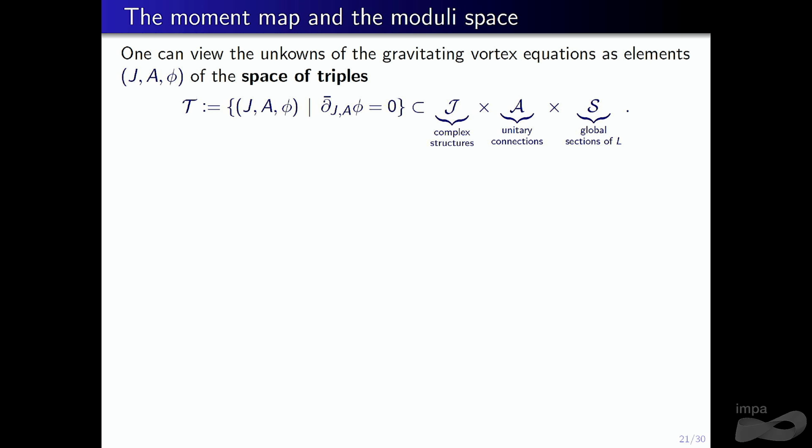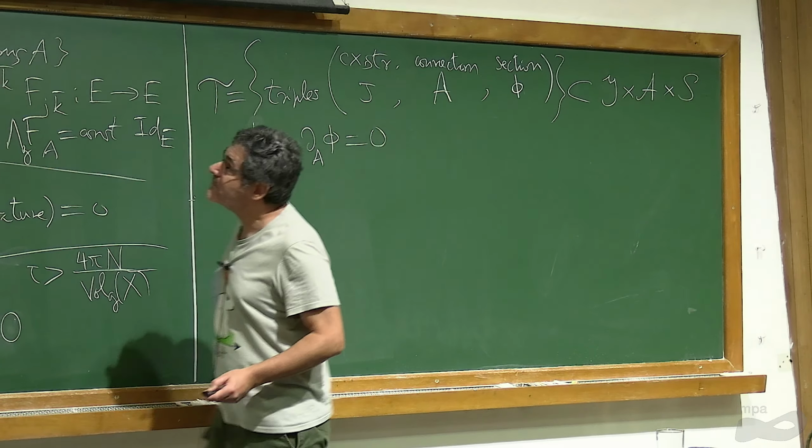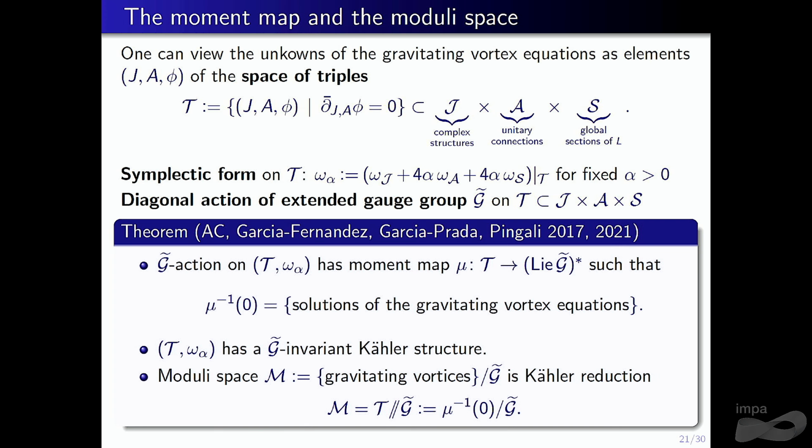And as I said, well, you impose this condition. And just the 3 symplectic structures with some weights. These are the ones we need. Alpha. And restrict to T, to the space of triples.